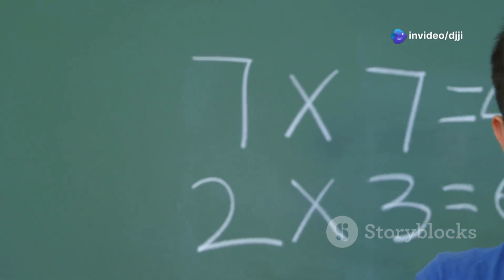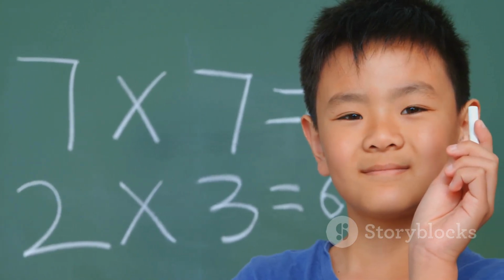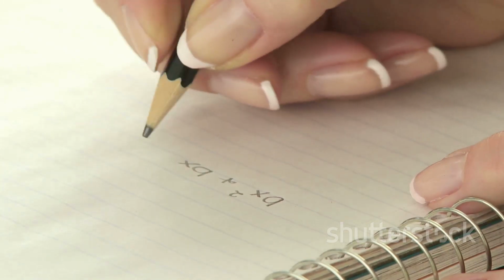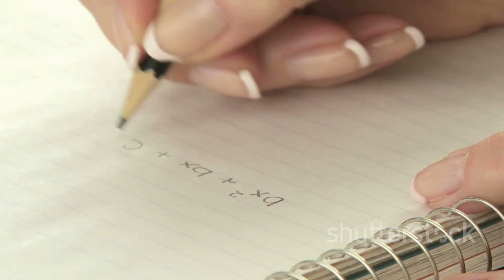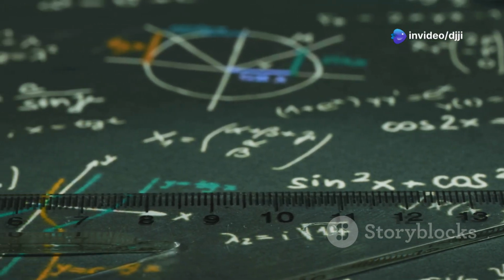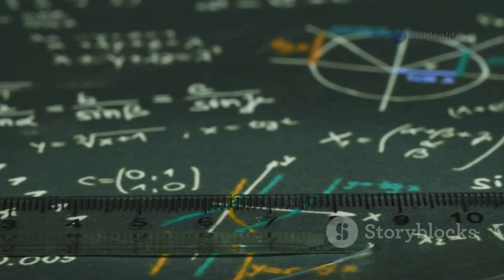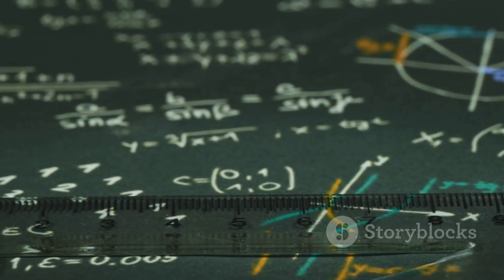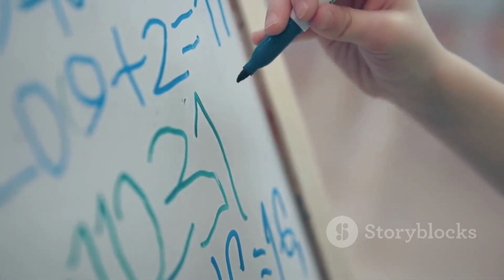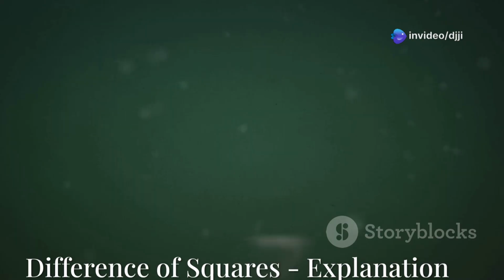So u^2 + 14u + 40 equals (u + 10)(u + 4). Finally, step 3, substitute back u equals x - 3. The final answer is (x - 3 + 10)(x - 3 + 4), which simplifies to (x + 7)(x + 1). So the factored form is (x + 7)(x + 1).